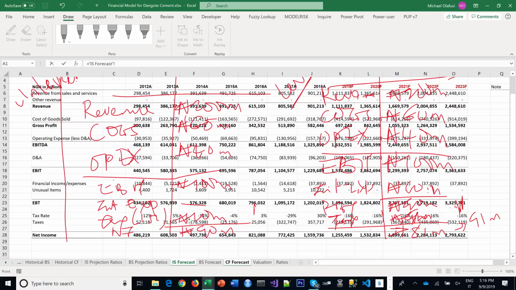I'm going to take your EBIT, what you would have been taxed on if you didn't have interest expense. For now, I won't worry too much about the unusual item. So what you would have paid if you didn't have the interest expense, then plus the unusual item.